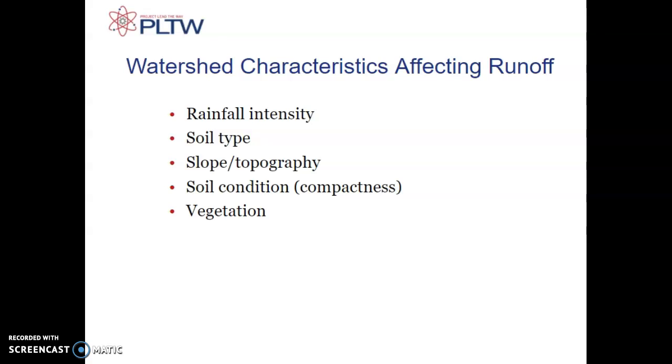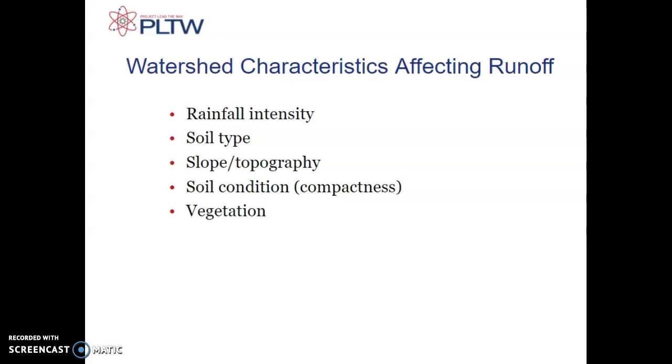So some things that we're going to be looking at that affect runoff is rainfall intensity. That would be talking about a light shower versus a severe thunderstorm. Okay, so how much rain is coming down and how much rain is coming down per hour. We're also going to look at soil type.